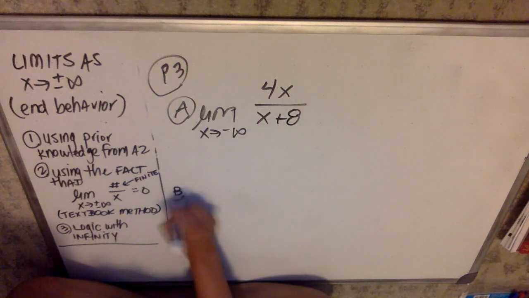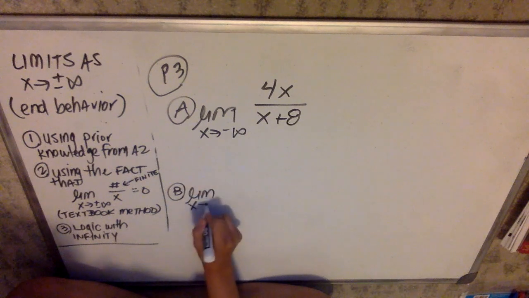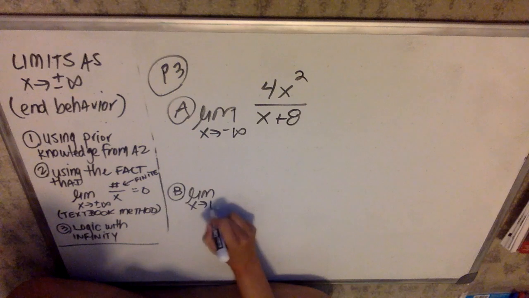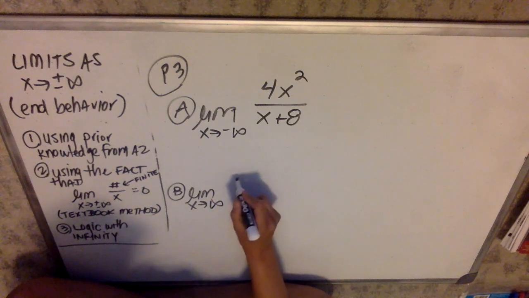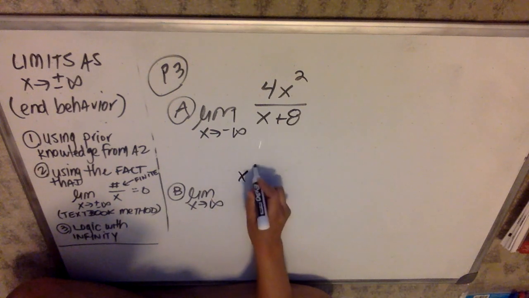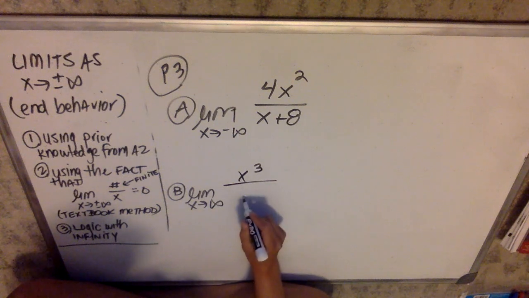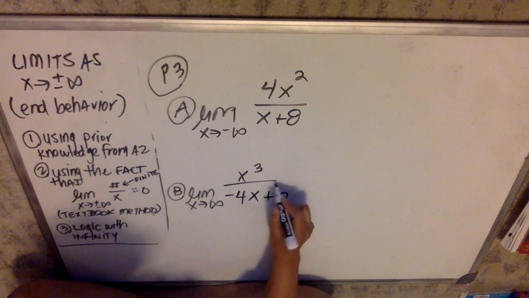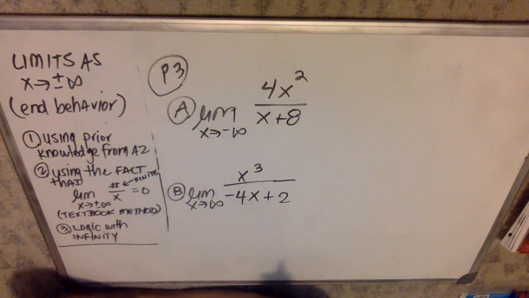And for b, let's do the limit as x approaches infinity of x cubed over negative 4x plus 2. Cool.